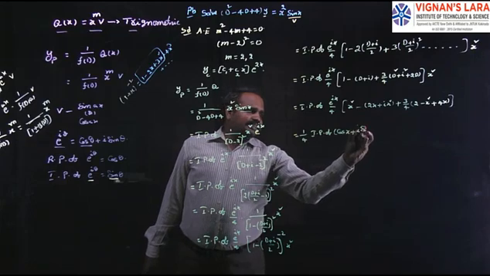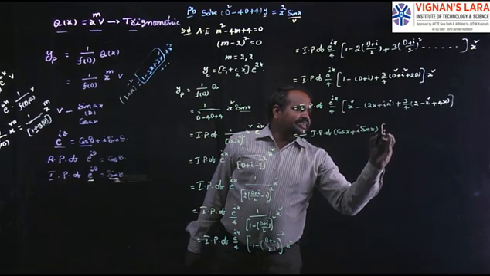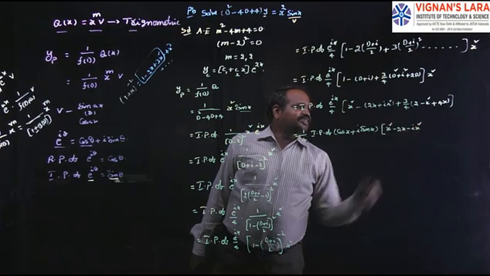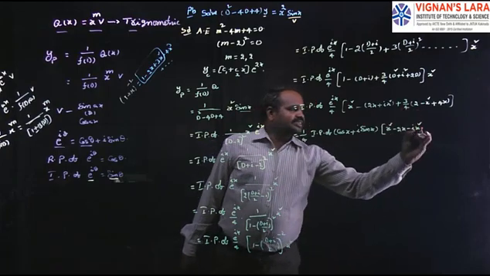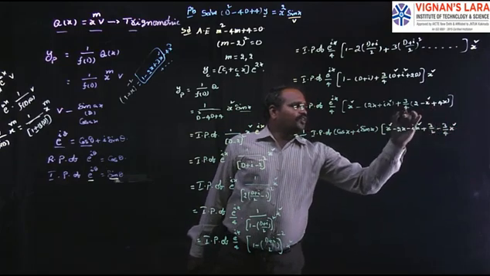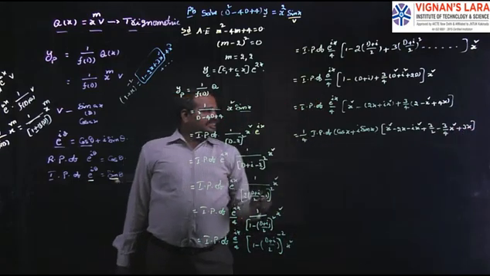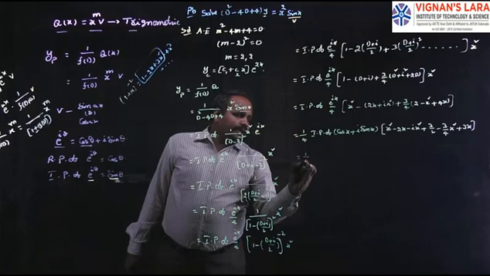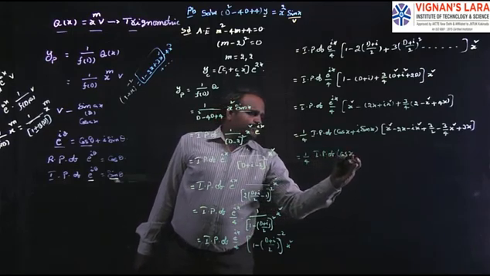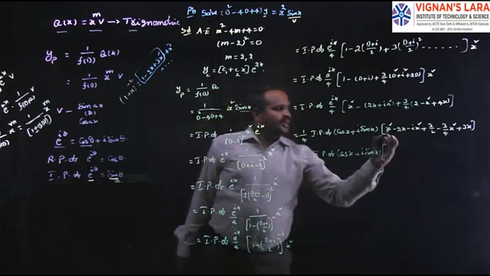Cos x plus i sin x into, write this one as it is, x square minus 2x minus i into x square. 4, 2 times getting cancelled, plus 3 by 2 minus 3 by 4 x square. 4, 4 getting cancelled, plus 3x, which is equal to 1 by 4 into the imaginary part of cos x plus i sin x into, here x square terms are 2 terms.